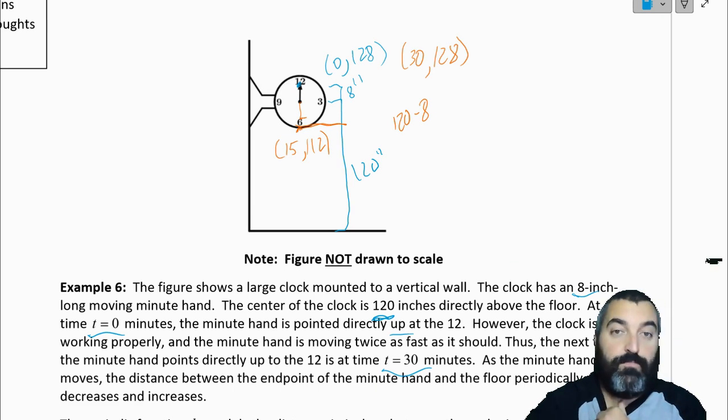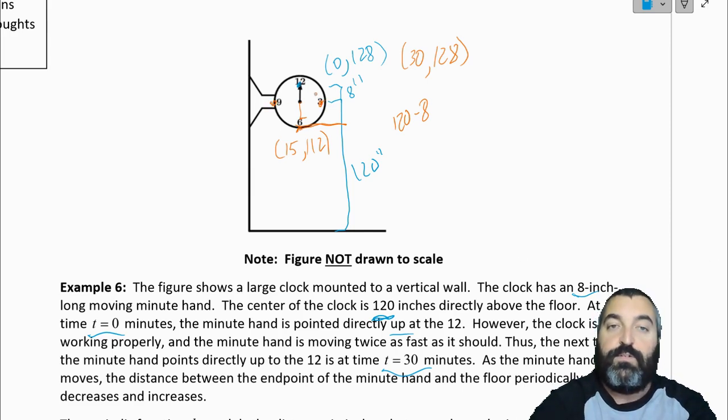And that would be a minimum. Then the other 2 points we're going to figure out are these two to the right and to the left. If 0 is straight up, 15 is straight down, half of that is 7.5. That is when it's at the middle, which means the height is 120.